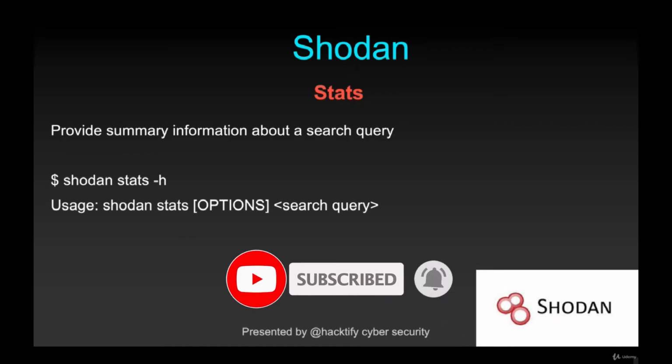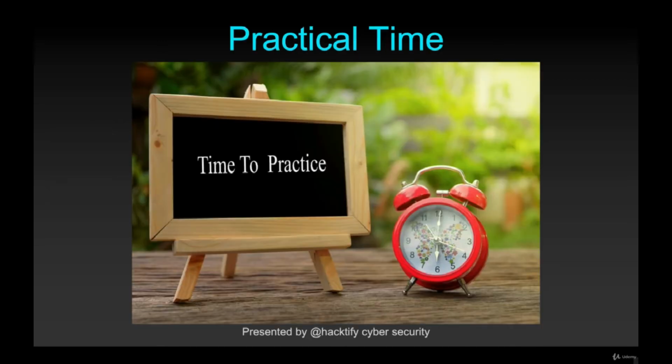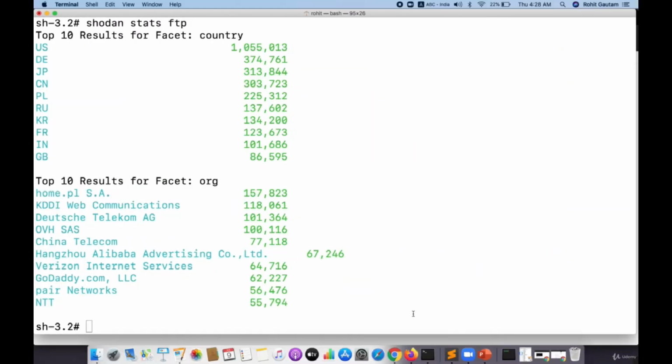For example, if you perform a search query for, let's say, FTP, then it is going to give you the aggregate data about the FTP servers that are open, and the data is being collected by Shodan into its database. So let's see the practical and how you can run this particular command.